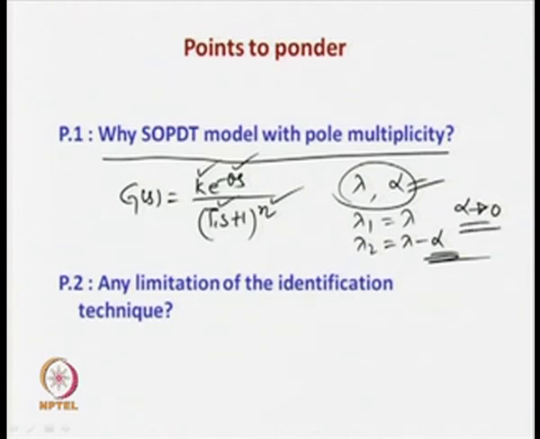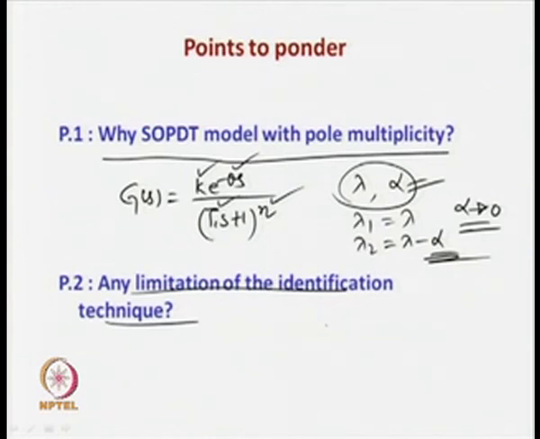Now, any limitation of the identification technique? Obviously, the technique is not free from limitations. One has to make proper use of small value theorems and large value theorems. Like when lambda 1 equal to lambda, lambda 2 equal to lambda minus alpha with alpha tends to 0, please do not approximate this lambda 2 as lambda also.